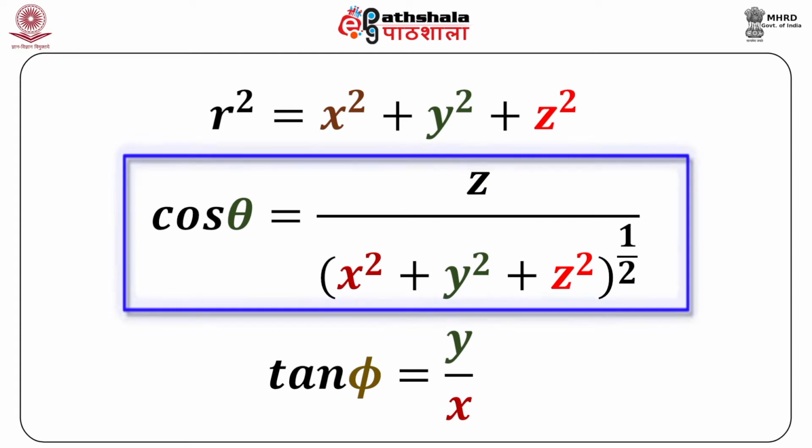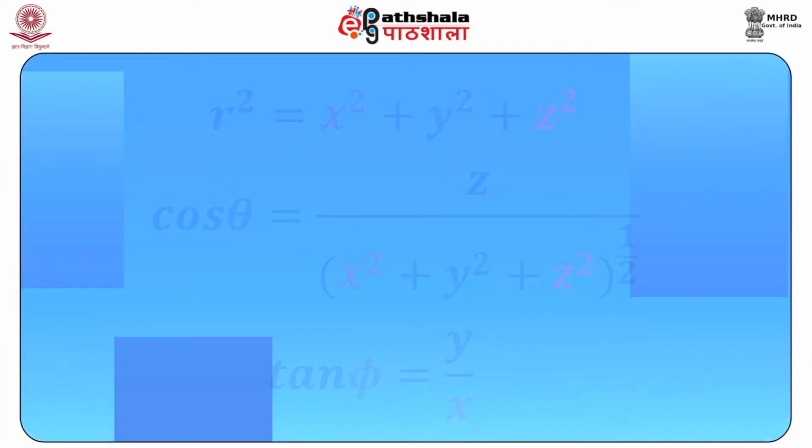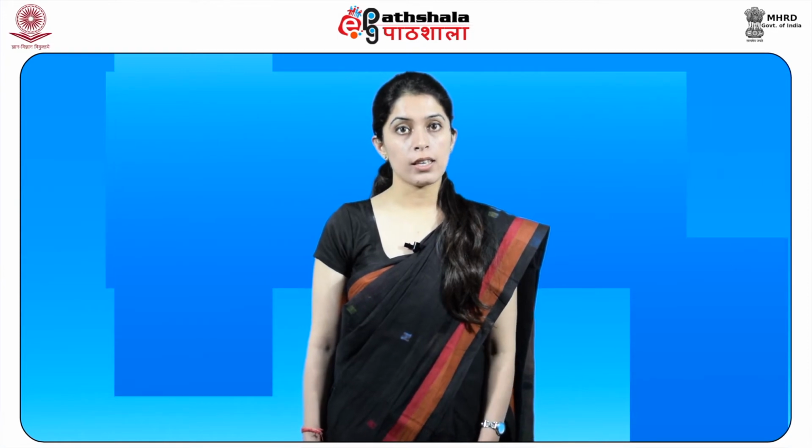Over here, cos theta becomes z upon square root of (x square plus y square plus z square), and tan phi becomes y upon x. Now, with this transformation, the differential equations in Cartesian coordinates are now expressed in spherical polar coordinates.